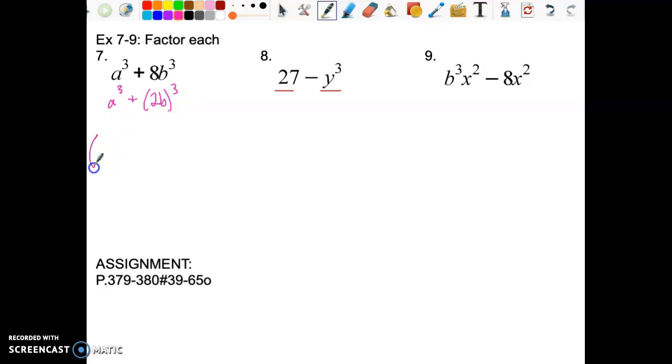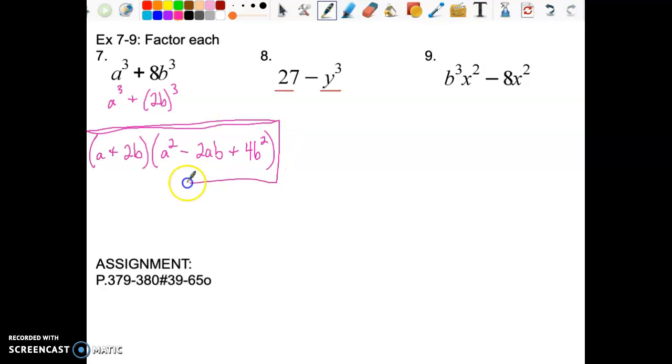So as you write it out, a plus 2b, and then a squared, and then 2ab, because you just multiply them together. And then it's 4b squared, because you have to square both the 2 and the b. Same sign, opposite sign, always positive.